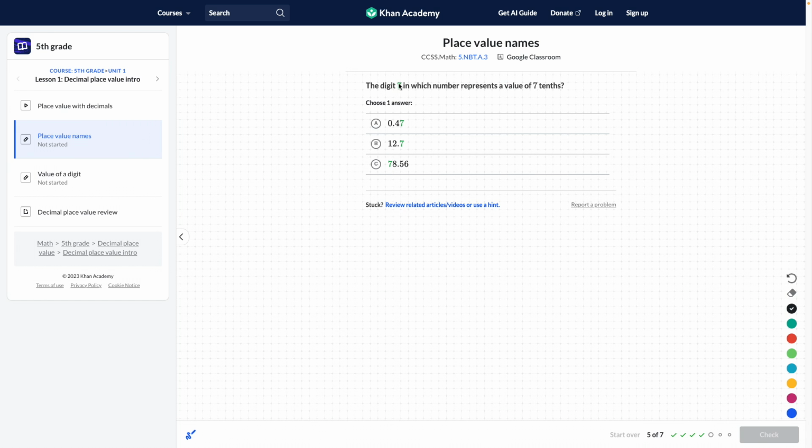The next one: the digit 7, in which number represents a value of 7/10? So 7/10, we know it's a decimal because it's got tenths on it. So 7/10 is going to have a 7 right next to the decimal point. We don't care what's to the left of it, just as long as the 7 is directly next to the 0.